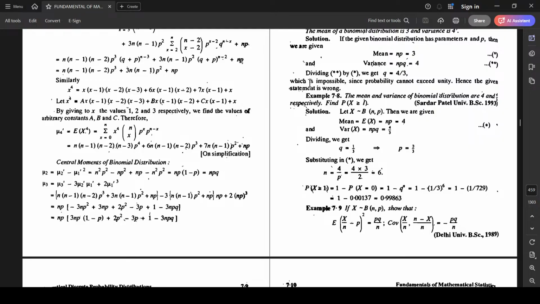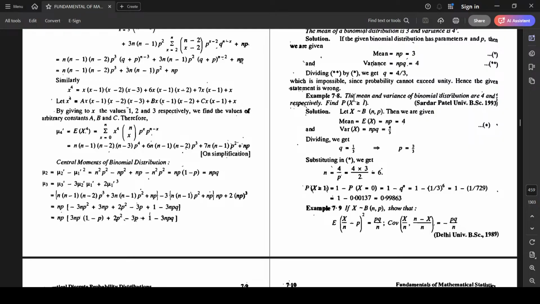So example 7.8, the mean and the variance are given in the same manner, that is 4 and 4 by 3. Find the probability of x greater than or equal to 1.